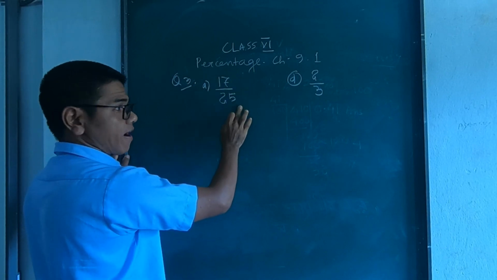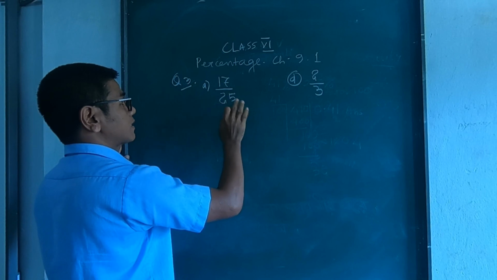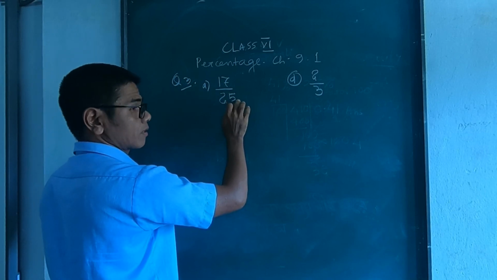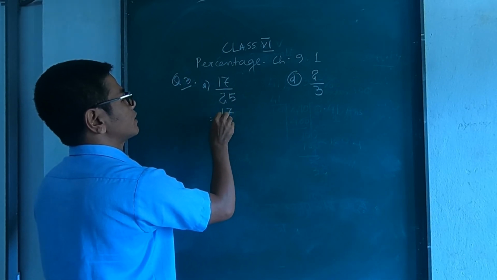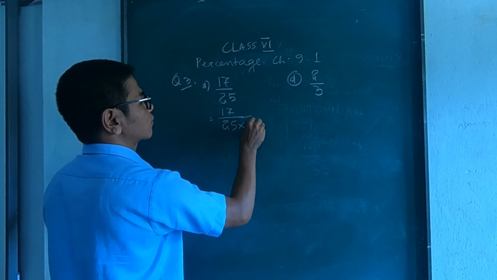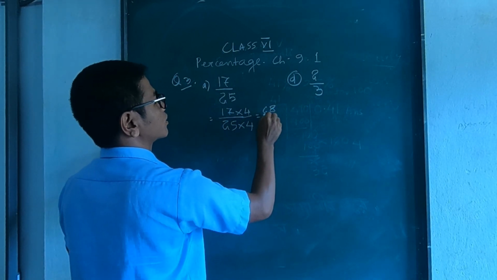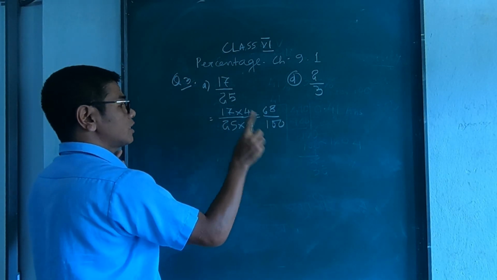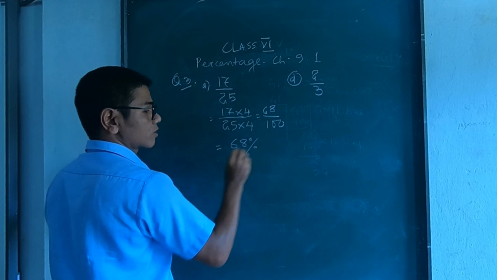17 by 25. As we have told in the beginning, for percentage the lower denominator should be 100. So in order to make it, you can simply write 17 by 25. 25, how much is 100? It is 4 into 4. You can write 68 by 100. So since percentage is out of 100, we can write 68%.